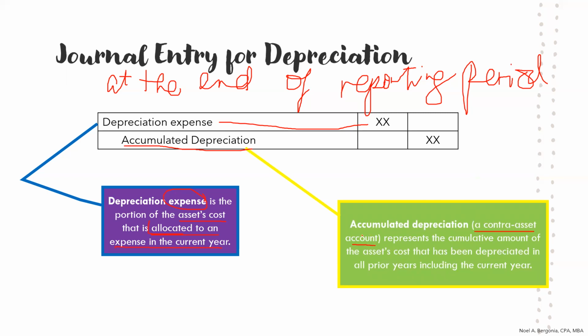So kung naalala ninyo in our previous video lecture about the uncollectible accounts, ang ating unang contra asset account, ang kinokontra nun is accounts receivable ay yung allowance, di ba? Under allowance method, we have the allowance for doubtful accounts, allowance for bad debts or uncollectible accounts. So ito yung pinakaunang contra account at ang kinokontra niya is receivable. Okay?